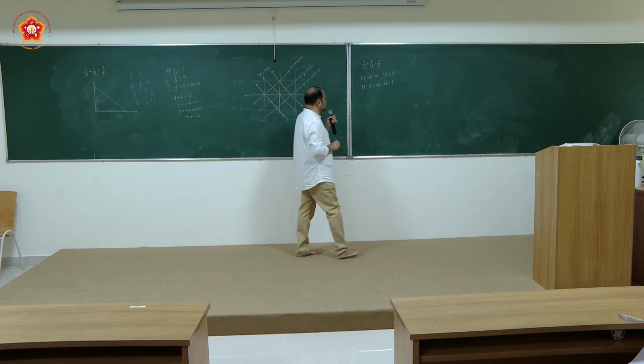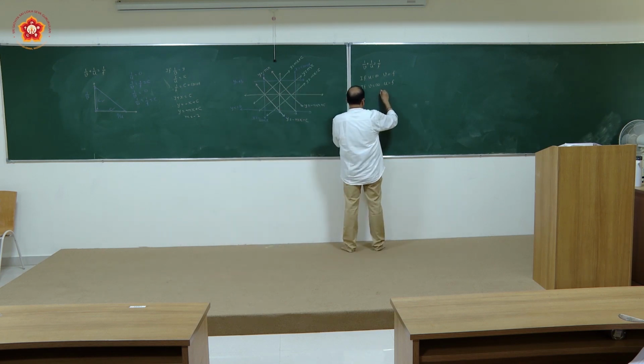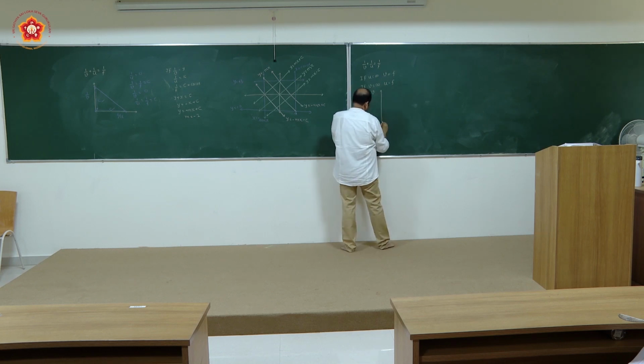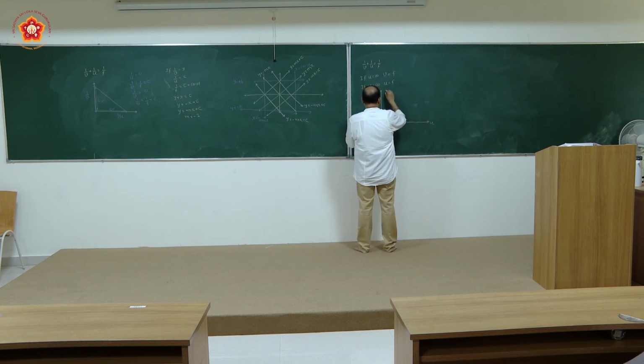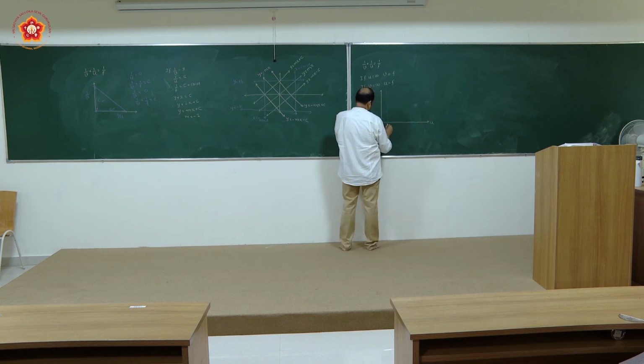Now in this case, if I want to plot a graph for v against u, then I will be drawing first a dotted line parallel to the v-axis. This is telling me that the value of u here is equal to f.